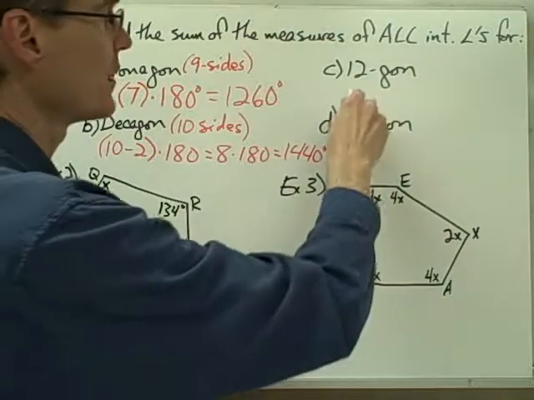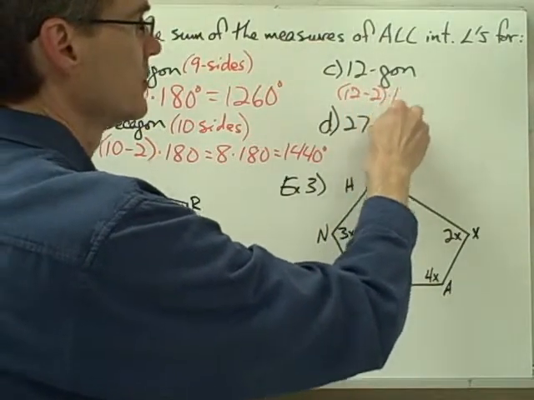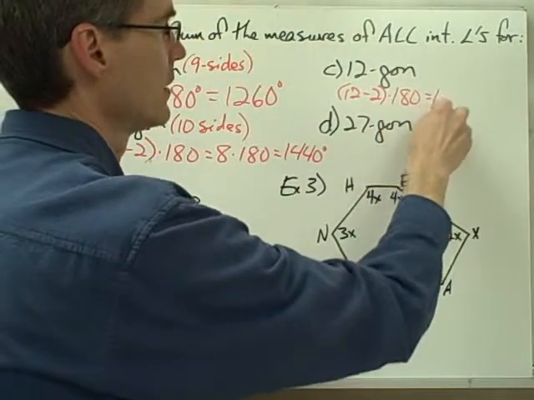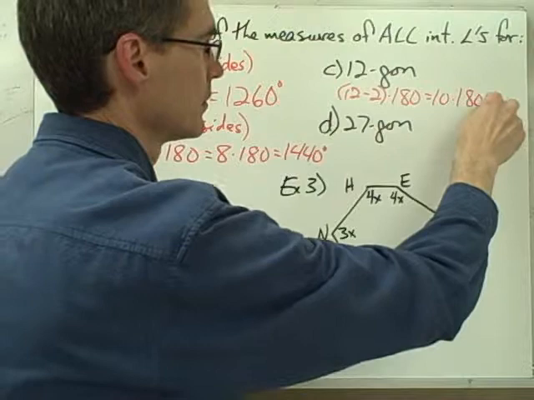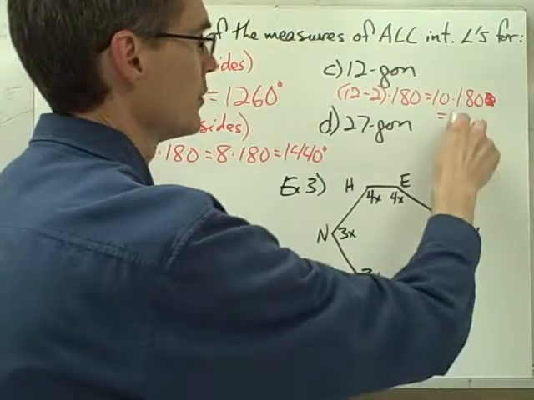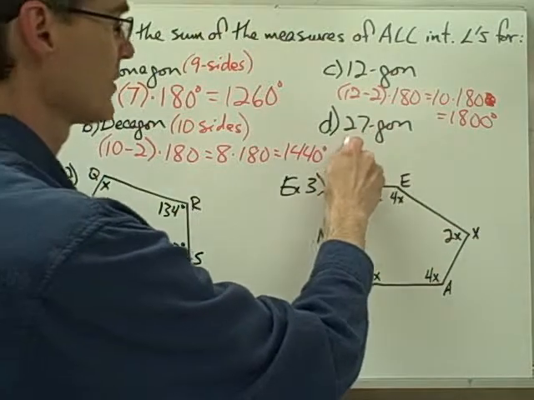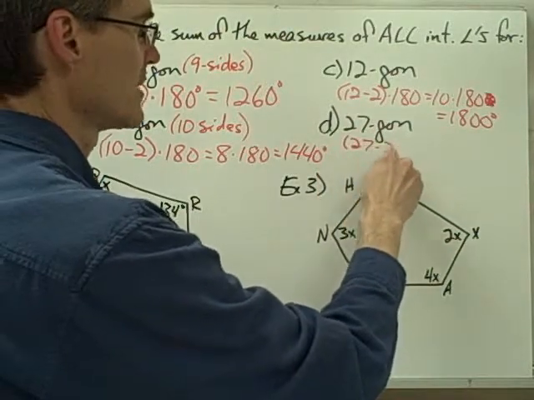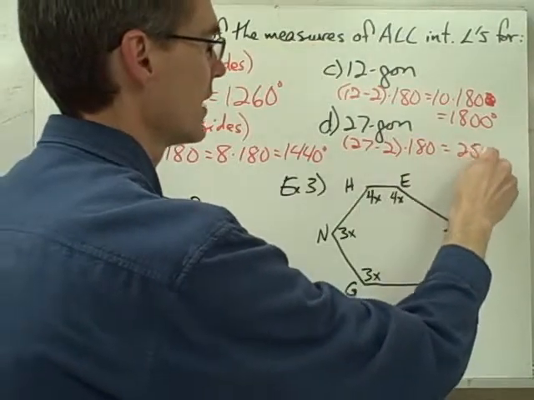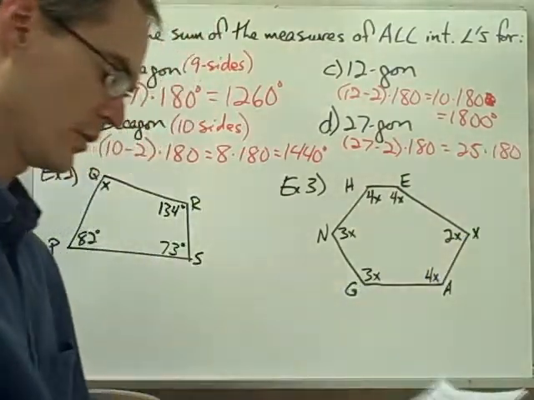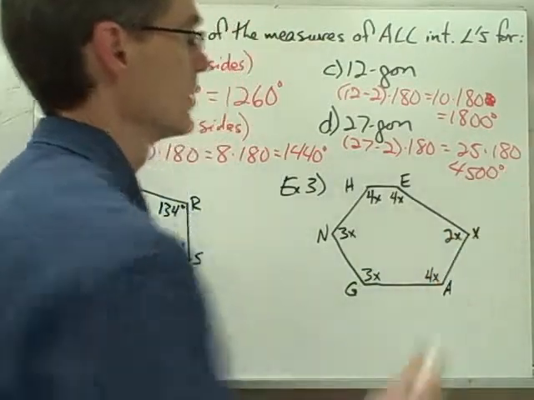So a 12gon has 12 sides. I'm going to calculate that as 12 minus 2 times 180, which is 10 times 180, which is 1,800 degrees. 27gon, 27 minus 2 times 180, which is 25 times 180, which is 4,500 degrees.